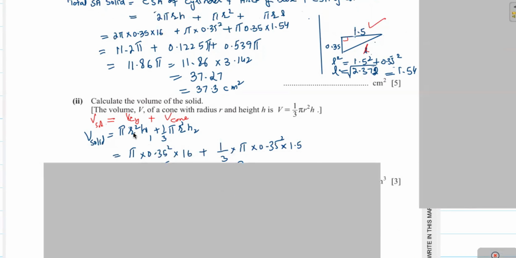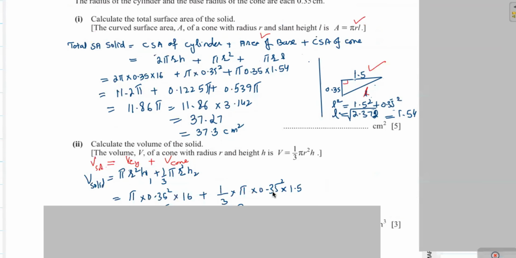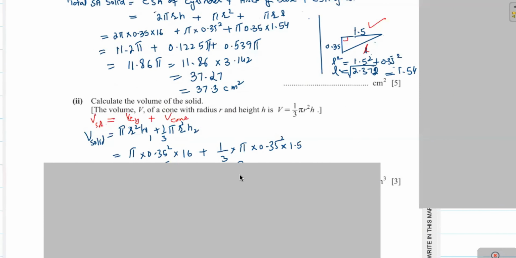Look here, the radius is 0.35, h1, the height of the cylinder, is 16. We write 16. 1/3 is written as it is, π written as it is, r is 0.35 squared, and h2, look here, this is the height h2, the height of the cone, this is 1.5.